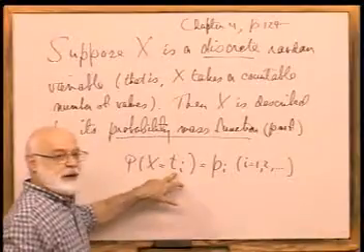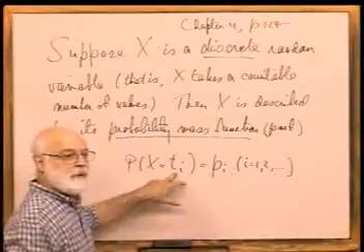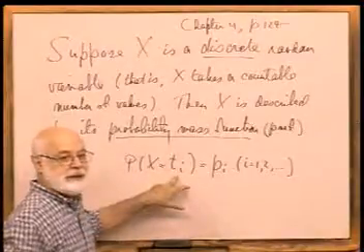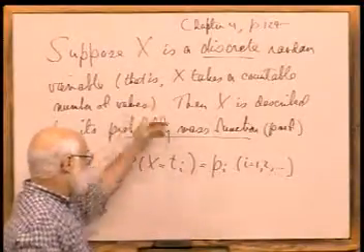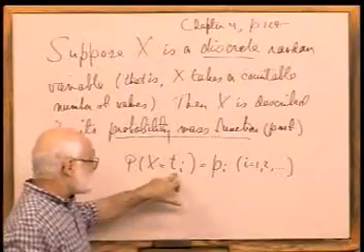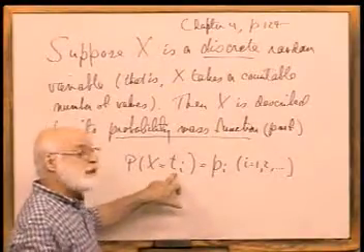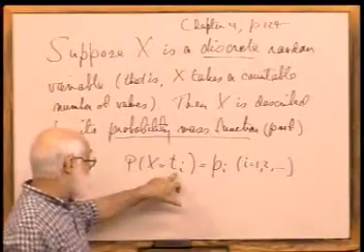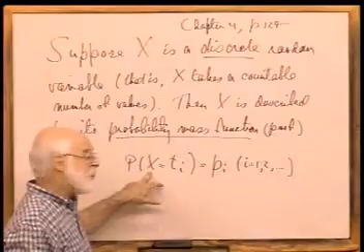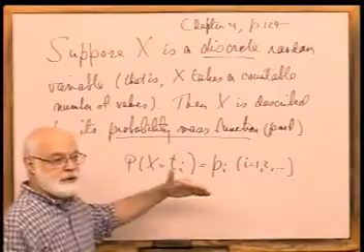Half the time you can't tell the difference between uppercase and lowercase x. So my convention is I'm going to use t as the independent variable, and I'm going to use uppercase X or some other uppercase letter to represent the name of the random variable.